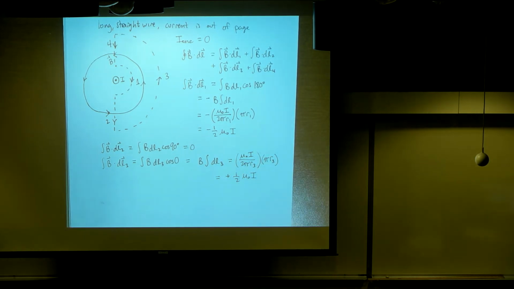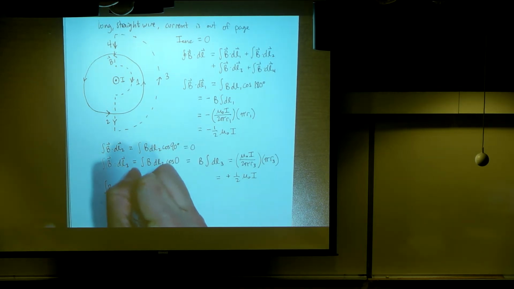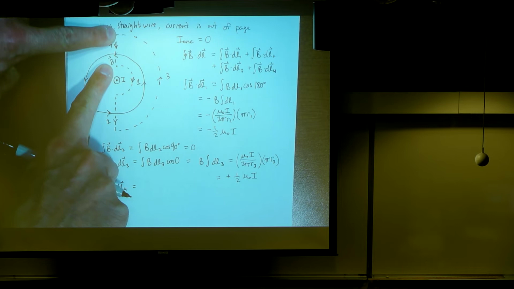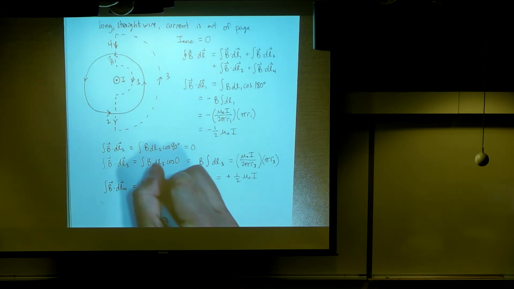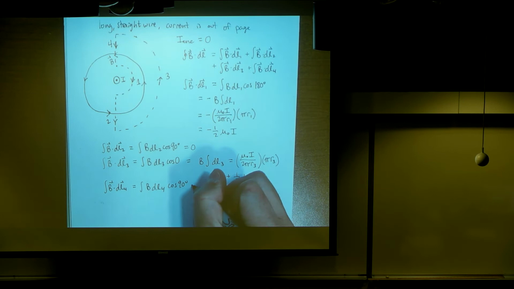All right? Now let's do the last one, B dot dL4. What's that coming out to? Yeah, this is another case where our path goes perpendicular to the B field. So that's going to be B dL4 cosine 90 between them. You see that? That gives you 0.